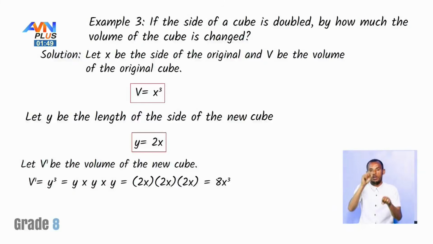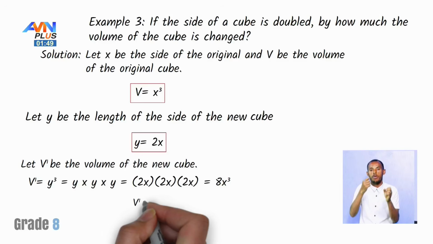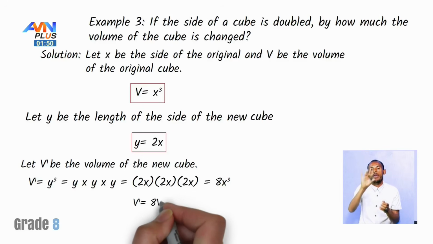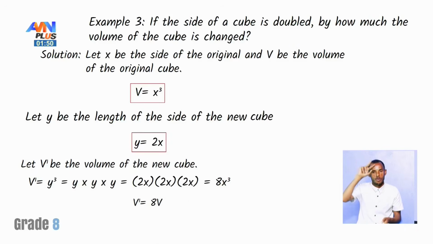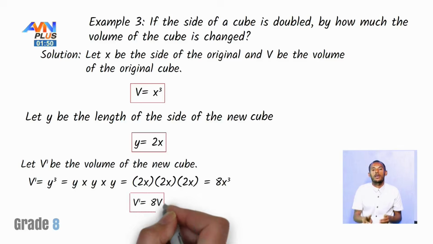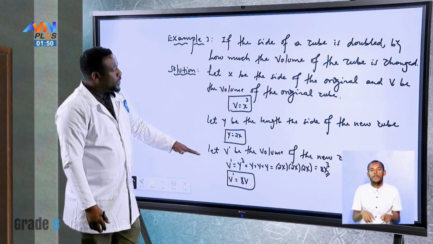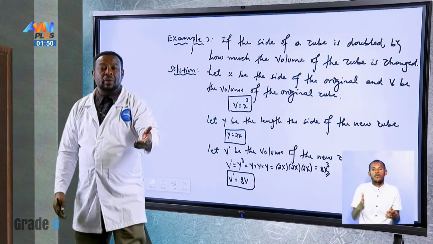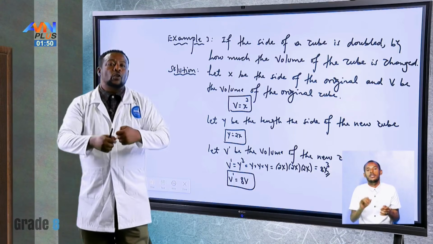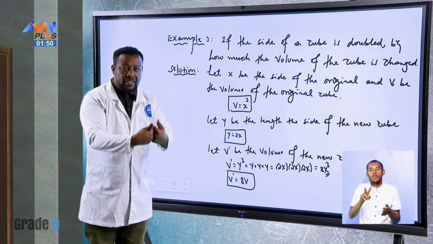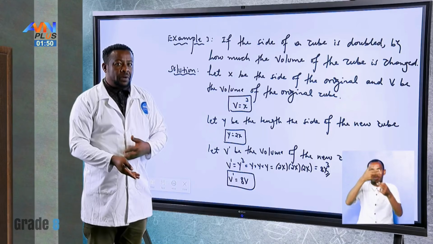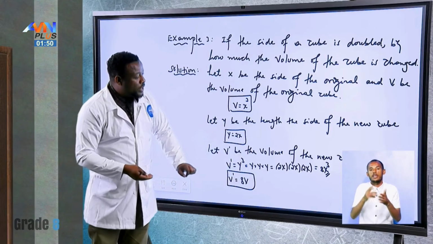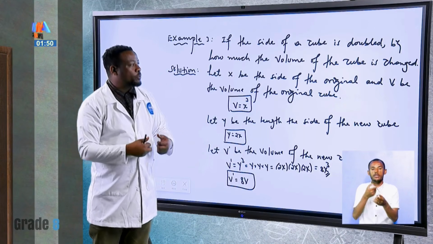So the new volume is 8 times x cubed, which is 8 times V, okay? So when the length of the side of a cube is doubled, the volume increases by 8 times, right? This is how we answer this kind of problem.